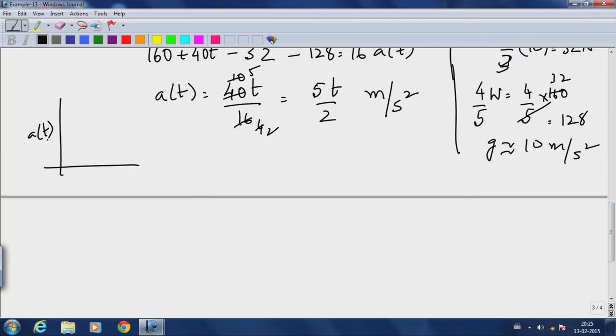If I plot the acceleration versus time, at some initial time t equals 0, the acceleration is 0 and then it increases linearly. Equation of this line is 5t over 2.